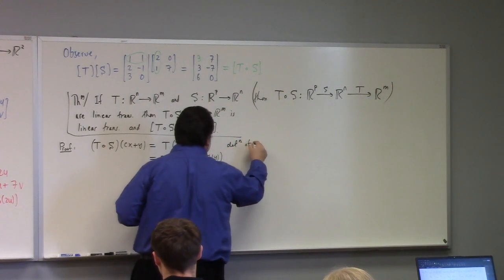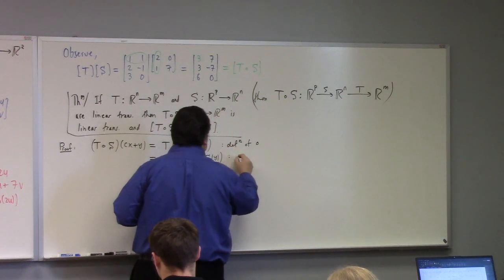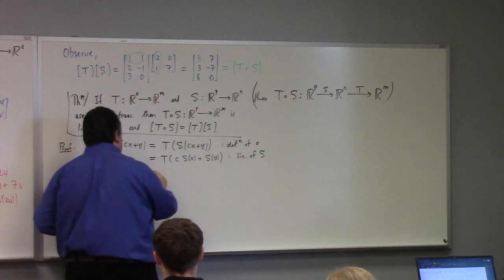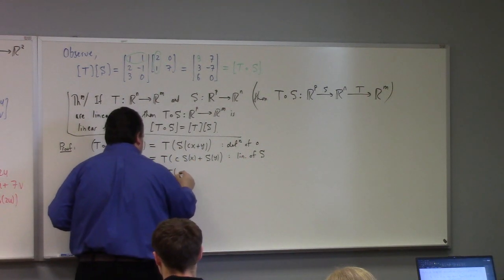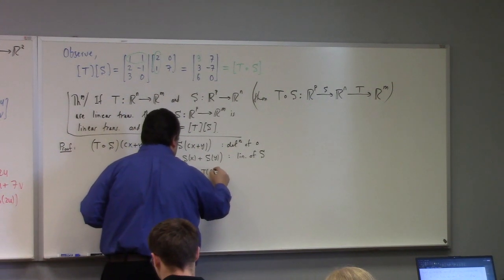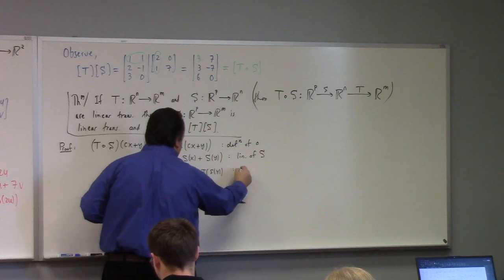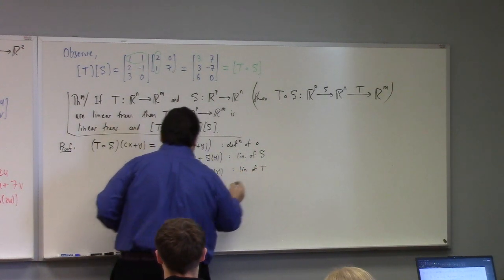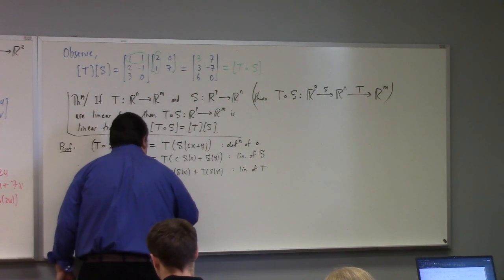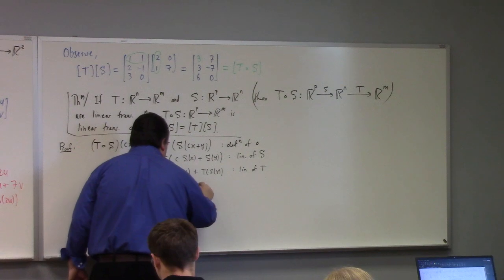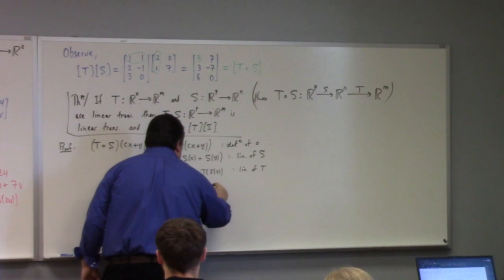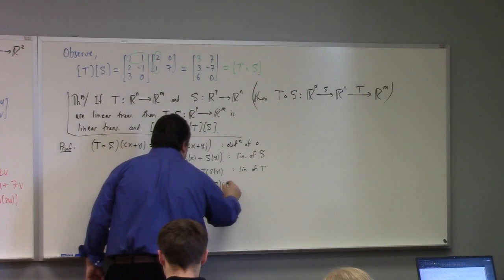Definition of composite, linearity of S. But we also have linearity of T, right? So we can pull out the c, and then we have T of S of x plus T of S of y. Which is what? This is c times T composed with S of x plus T composed with S of y.